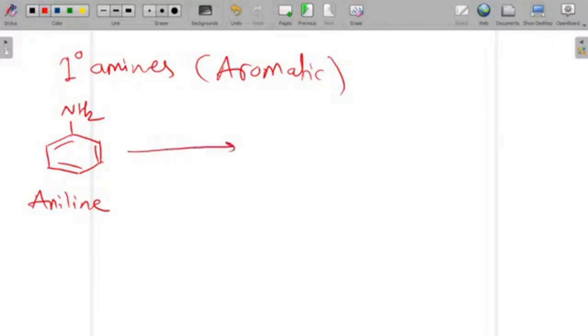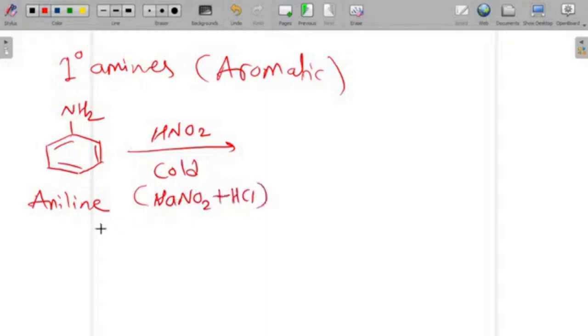which on reaction with HNO2 at cold condition, this is the mixture, that is NaNO2 plus HCl. This aniline is also taken in, suppose, your test tube, and that is also cold.